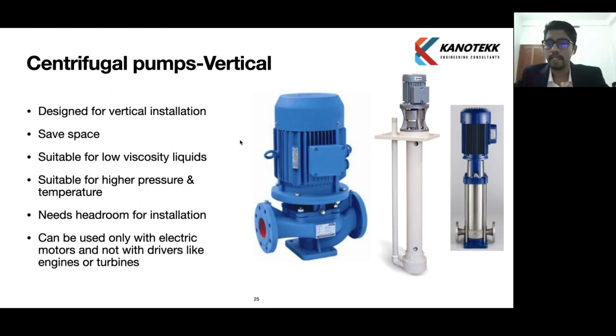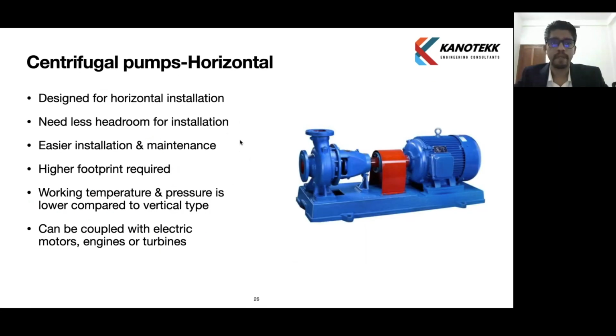The disadvantage is we need more headroom for installation, like the pump will have more height, so we need that height space. And we can only use electric motors as drivers, not engines or turbines. The electric motor is installed on top of the pump body. So this is about the vertical type.